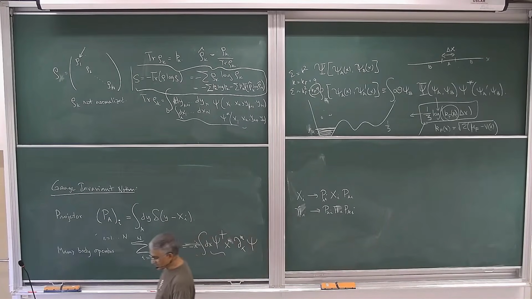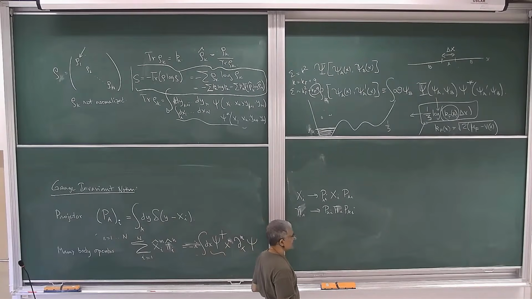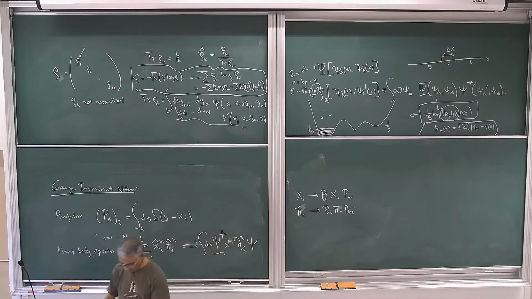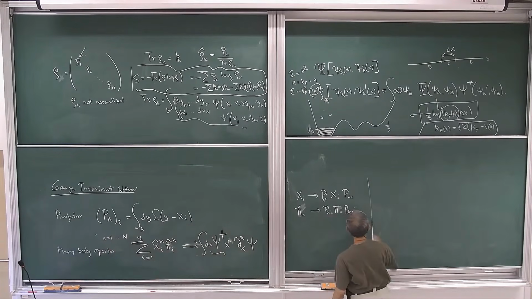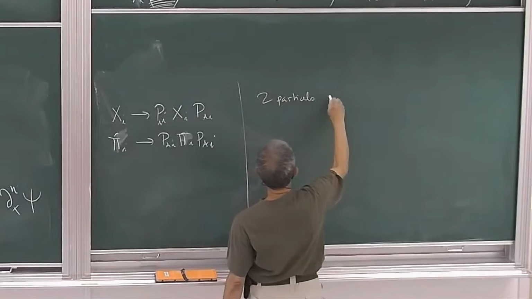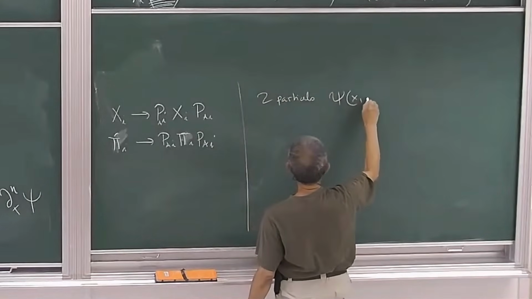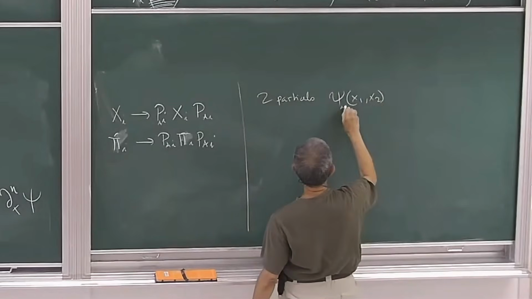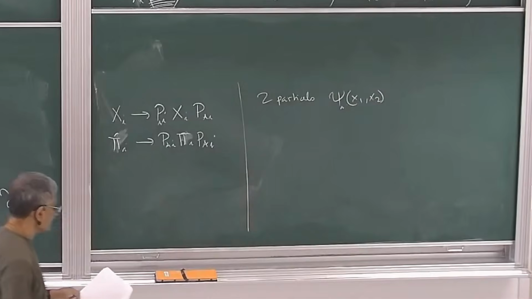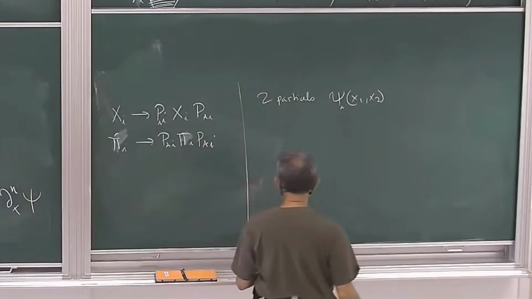Take, for example, a two-particle wave function, take some operator, and do these projections. Let me just give you the result, and I'll go through the steps. So if we start with, say, two particles, this works for bosons or fermions. Let me do it for fermions, some antisymmetric wave function, some Slater determinant.